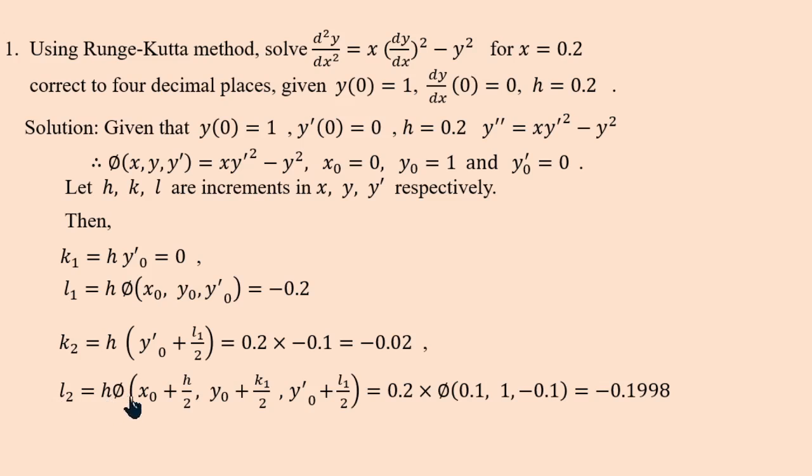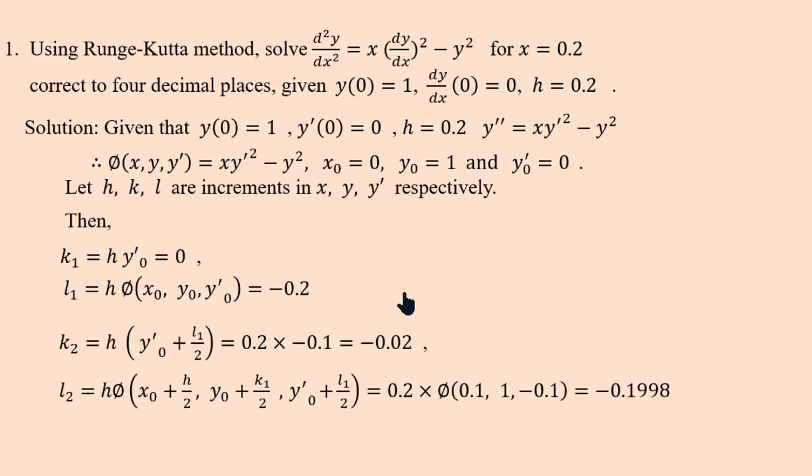L2 is h into phi of 0.1, 1 and minus 0.1. Why is it 0.1? X naught is 0, h is 0.2 by 2, that is 0.1. 0 plus 0.1 is 0.1. K1 is 0. Therefore, y naught is 1, 1 plus 0 is 1. And here, what we just calculated, that is minus 0.1.